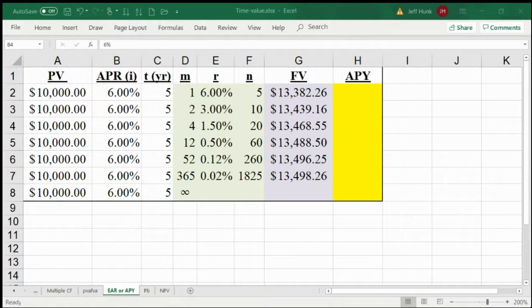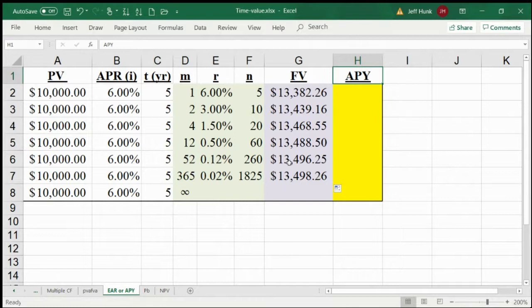So the question is, what kind of APR would take us to the same future value as this, right? That is the question. Now, that's also called APY, okay?